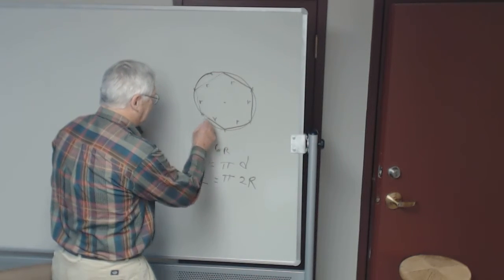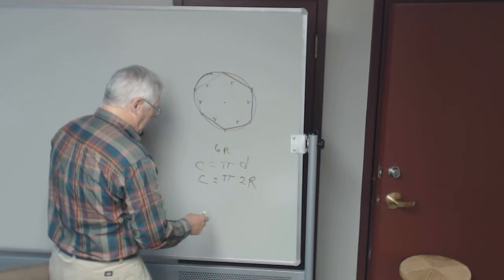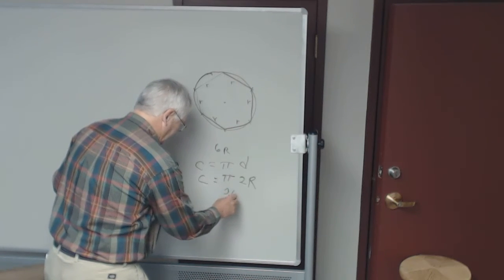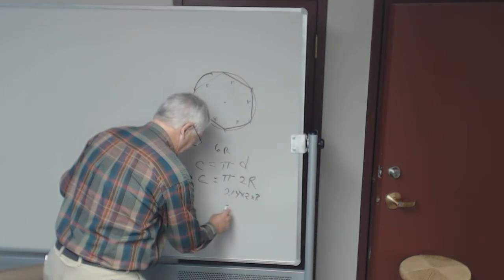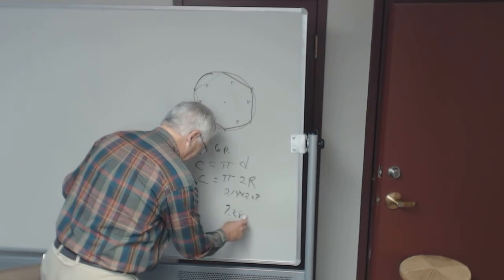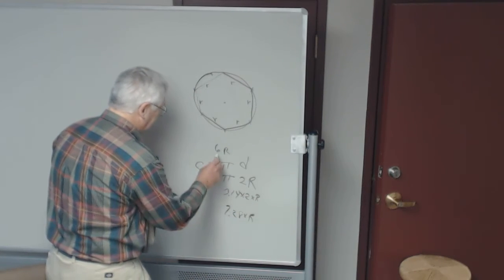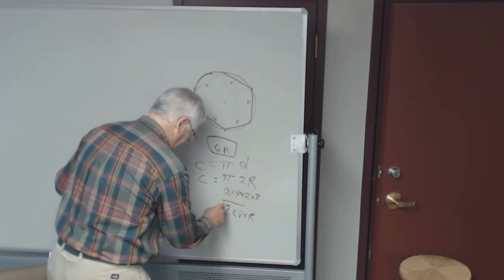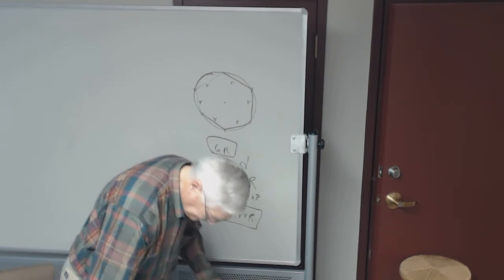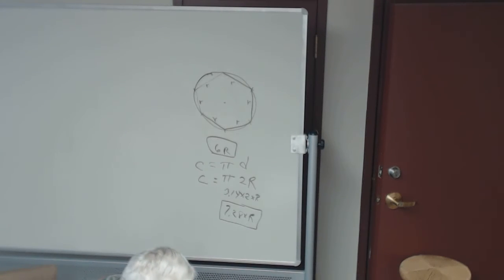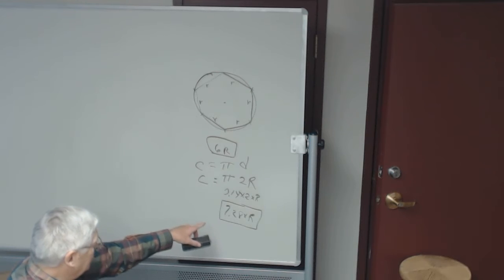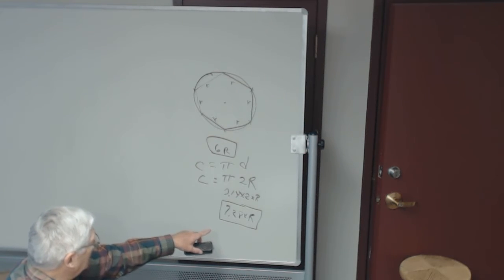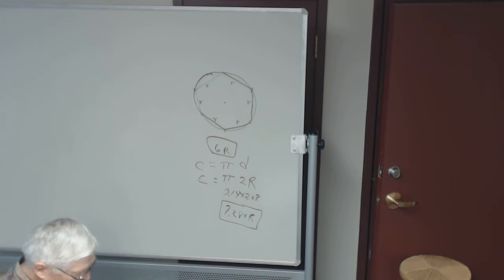So we have 6r, and we have 3.14 times 2 times r. That's 6.28 times r. So here's 6r, and here's 6.28r. How much shorter is the perimeter? 6.28r minus 6r would be 0.28r.